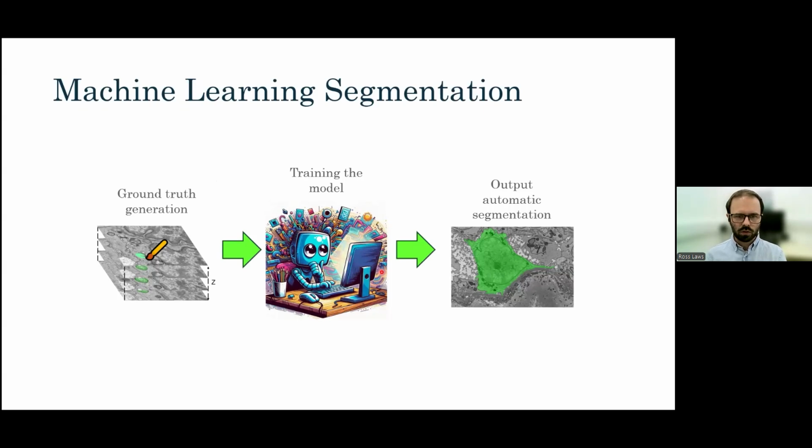Then you expose the model, which is the name for the overall system that is trained to recognize the objects in your images, to the ground truth data, and it basically learns what you want segmented from the images. And then ideally, the output is the automated segmentation of the features that you want in your images.